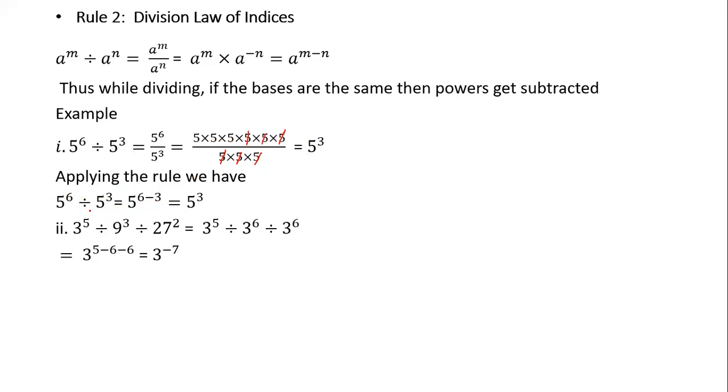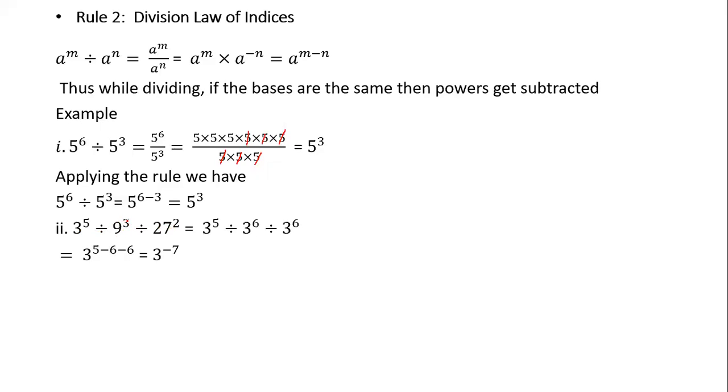Another example, 3 power 5 divided by 9 power 3 divided by 27 power 2. At this point too, the bases are not the same, so we have to check if we can express these bases in terms of the small base here, 3, to see if we can get all of them being the same. 9 can be expressed as 3 power 2.